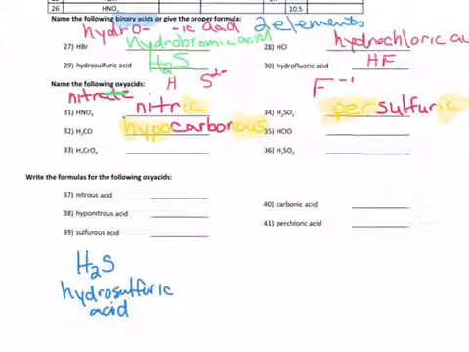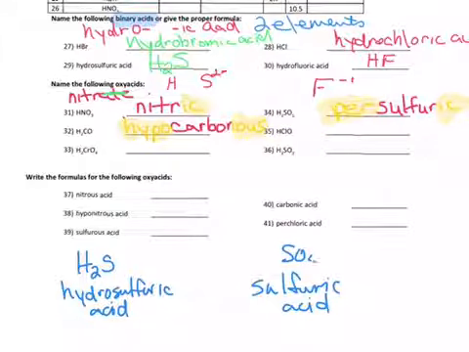But what was messing a lot of people up was when they were asked to write the formula for sulfuric acid. What would the formula for sulfuric acid be? H2SO4. Okay, what's the sulfate ion? SO4, and what's the oxidation on it? So how many hydrogens would I need? 2.